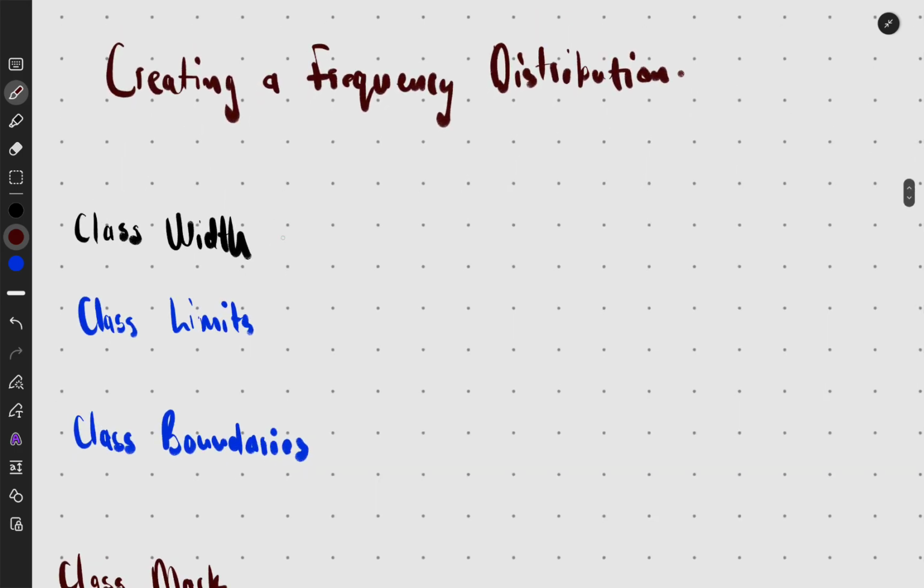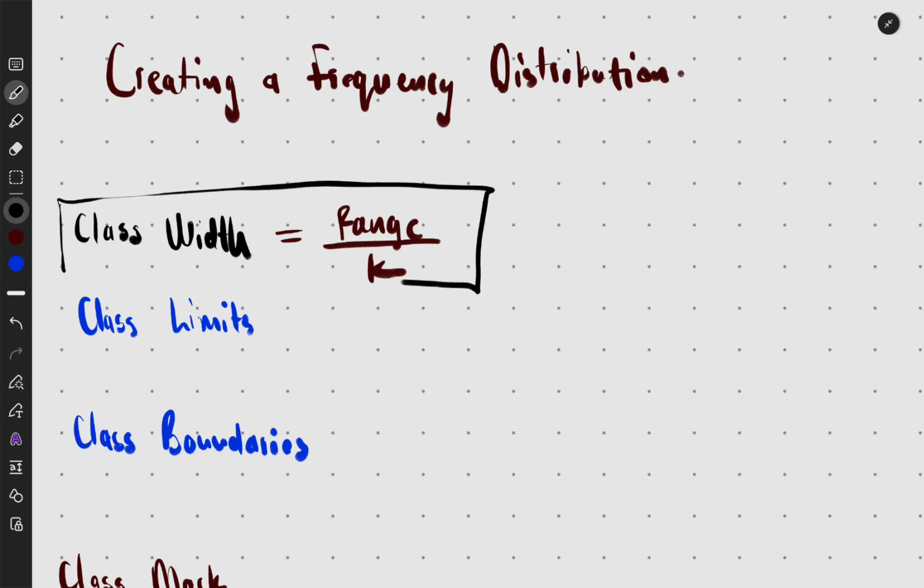And for class width, this was equal to the range, which is maximum minus minimum, divided by k, which is the number of intervals. This gave us class width, which you can call CW, is range over k, where range is R. It is equal to the max value in the data set minus the minimum value.